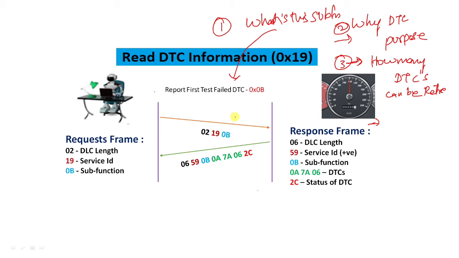No, it's after turning on, when the DTC has been triggered. If you clear that also, it is not an issue, it will not impact. It will just broadcast which DTC failed at first. That is what report first DTC failed is.